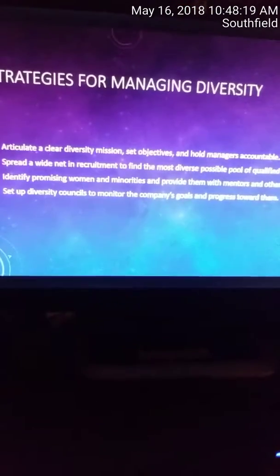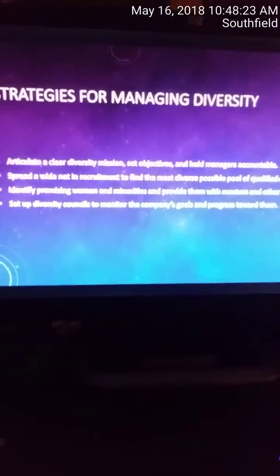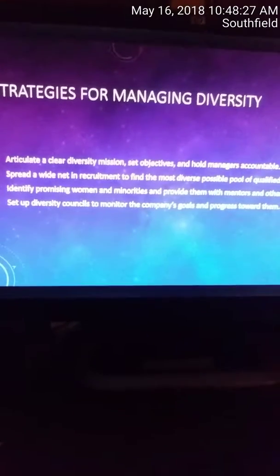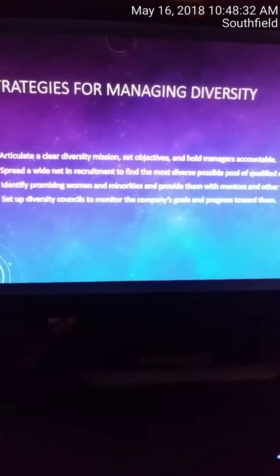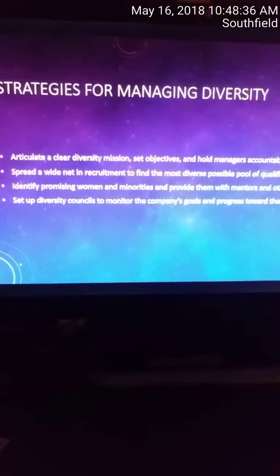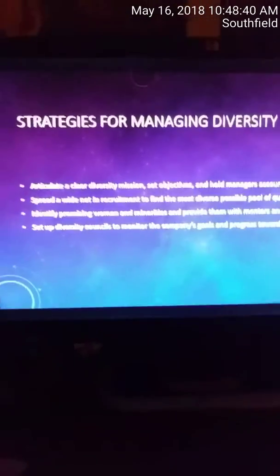So if we identify promising women and minorities for this employment and provide them with someone to mentor, to guide them, to provide support, then it would increase the level of diversity in an organization now and in the future.